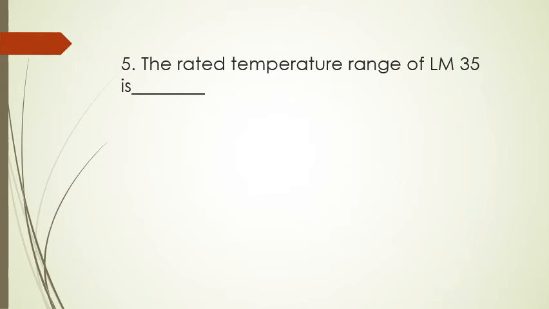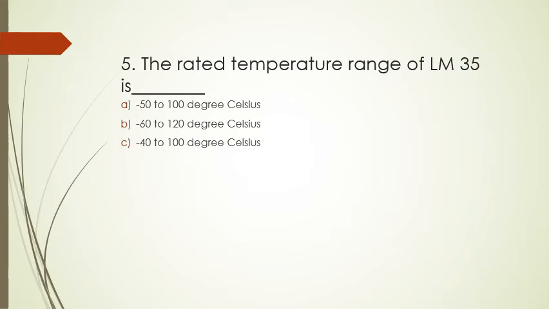Next question is, the rated temperature range of LM35 is. LM35 is a temperature sensor IC, whose temperature range we have to select from the given options: -50 to 100 degrees Celsius, -60 to 120, -40 to 100, and -55 to 150. The correct range of LM35 is -55 to 150 degrees Celsius.